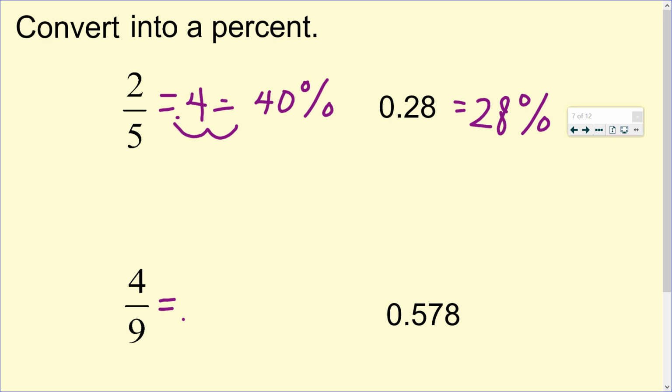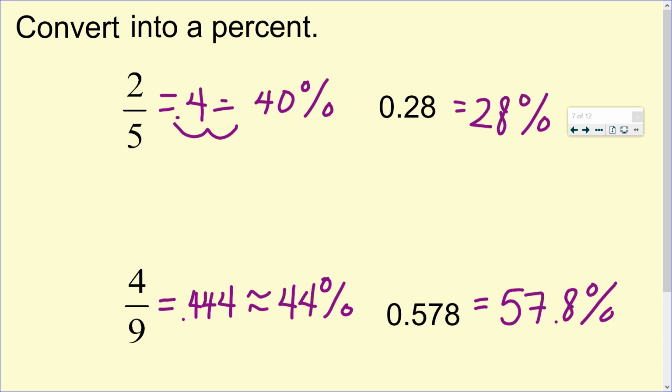Yeah, so 0.444-ish. It's about 44% if I was going to round to the nearest whole number. And then this guy here, we really don't have to round. We should just have 57.8%. That's exact. Questions? Are we doing okay with this? Am I blowing anybody's mind yet? We're fine? Not too bad? Okay.